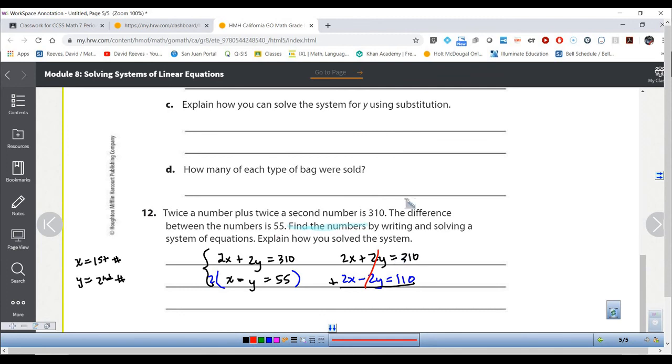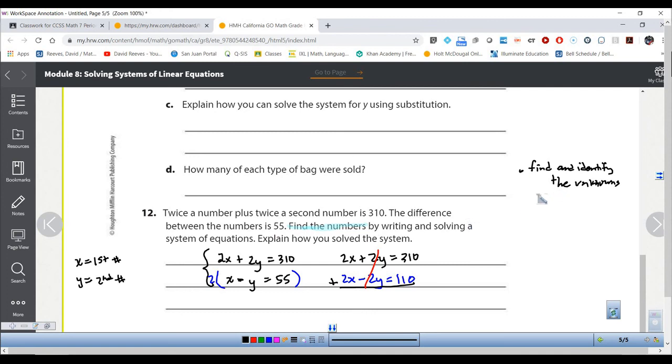All right, so when we are problem solving using a system of linear equations, what do we do first? We find and identify the unknowns, right? And where do we do that?